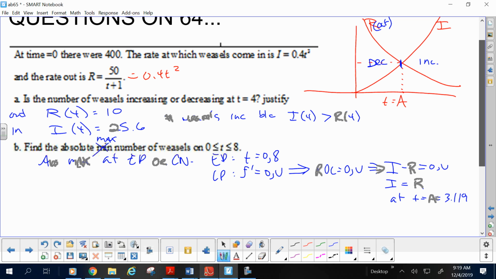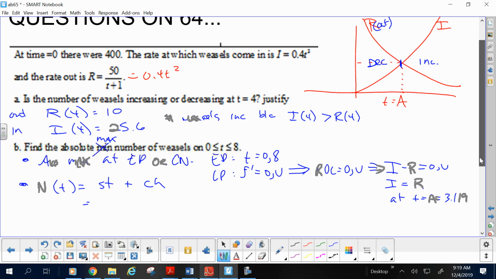Okay, cool. Now I would normally say, all right, I need to find the number of weasels at any given time. I have rates of change. How do I find amounts given rates of change? Integrate, yeah. I need to take the start plus the change.